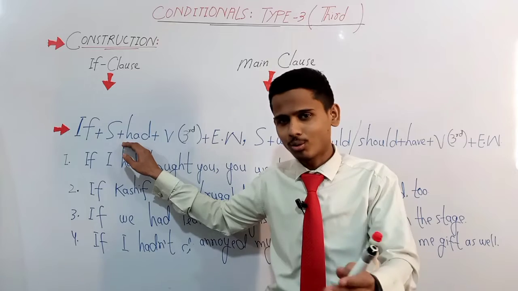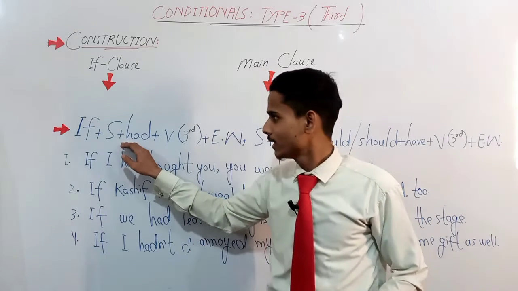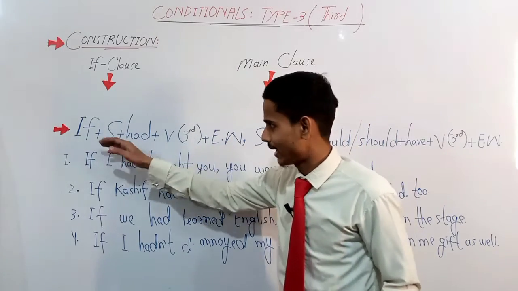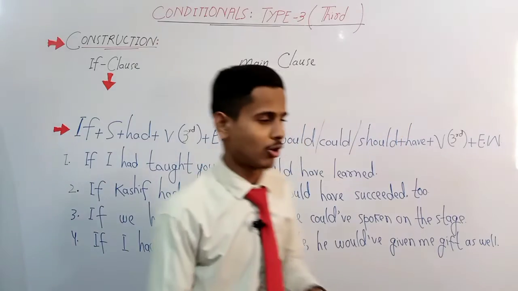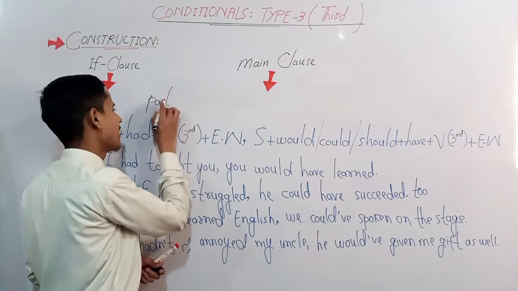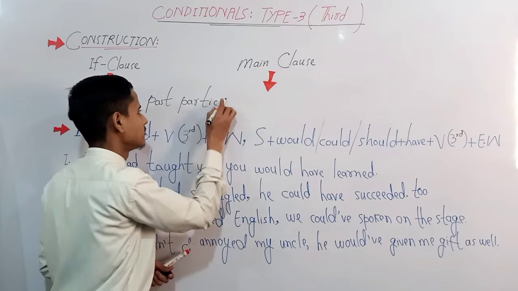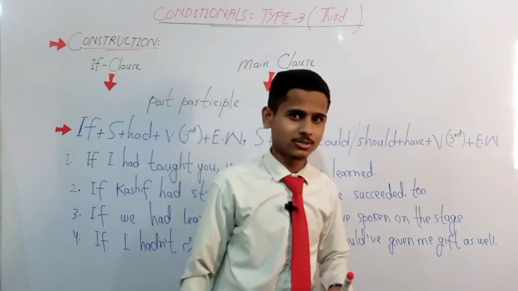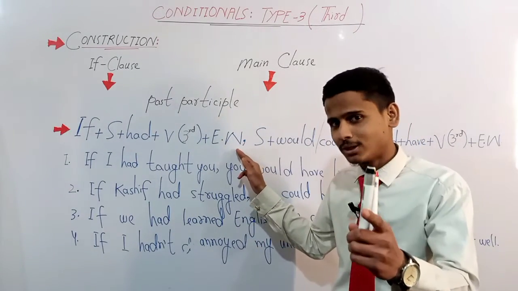You can search for past perfect tense by Angrezi Language Camp. Past perfect sentences are structured as subject plus had plus verb in the third form. By third form I mean the past participle form. Then put a comma. Don't forget to put a comma.